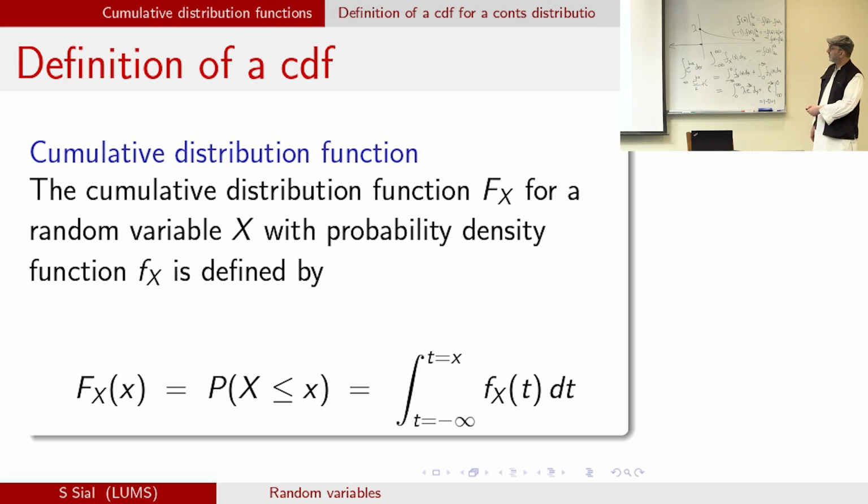Okay. So for the CDF, for a continuous random variable, we use the notation capital F, subscript, the name of the random variable. And if you evaluate that at x, that's supposed to be the probability that x, the random variable, takes a value less than or equal to small x. Okay? Well, that means anywhere from minus infinity to small x. Well, how do we find that probability?